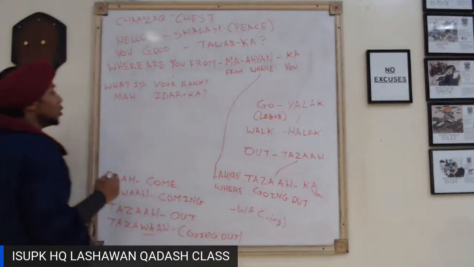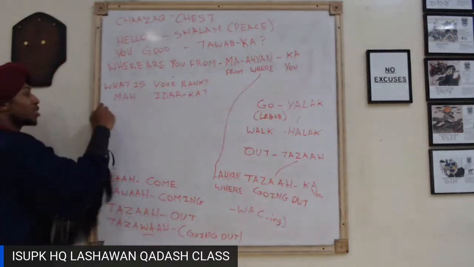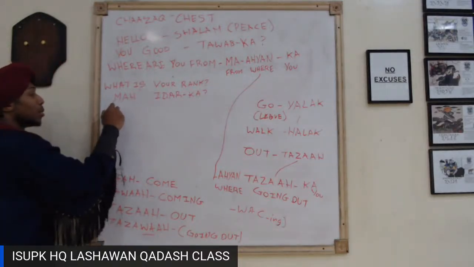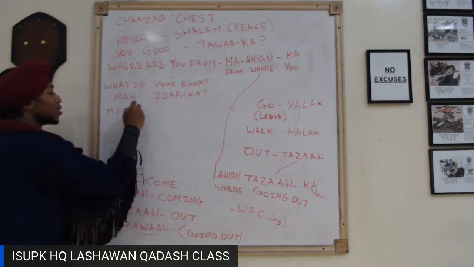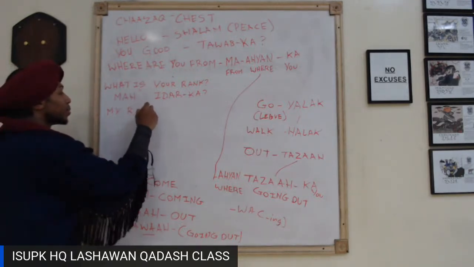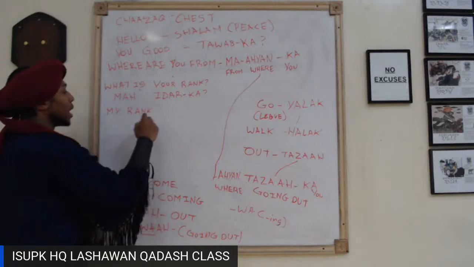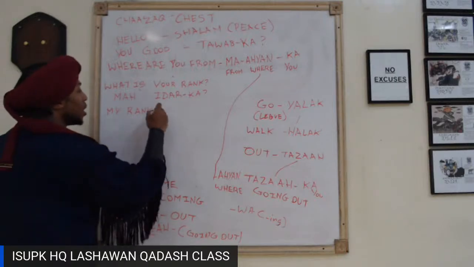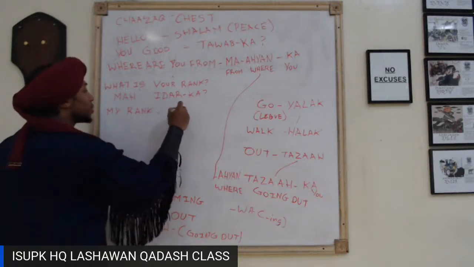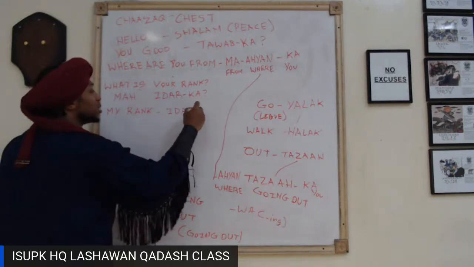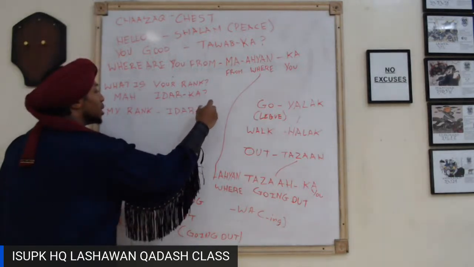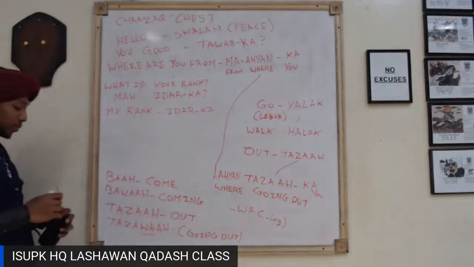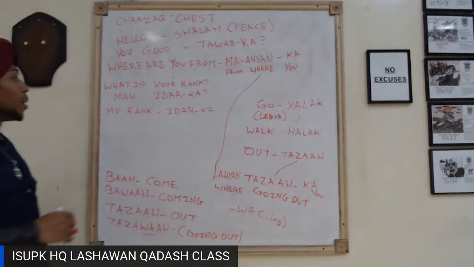Okay? And then you'll say, my rank is? My rank is? Right? And my rank would be Idarka. And then you say what it is. Keep it short and simple. Idarka.